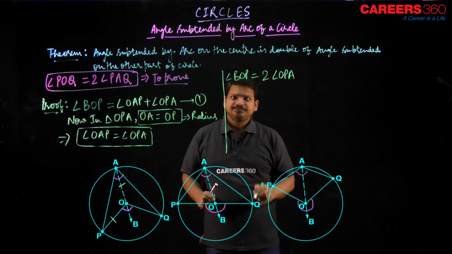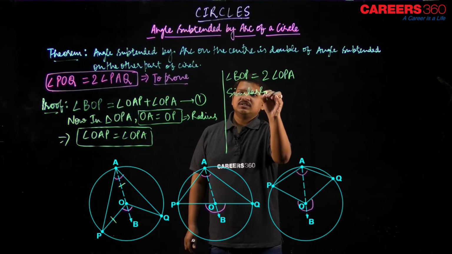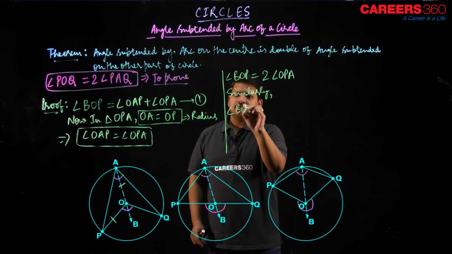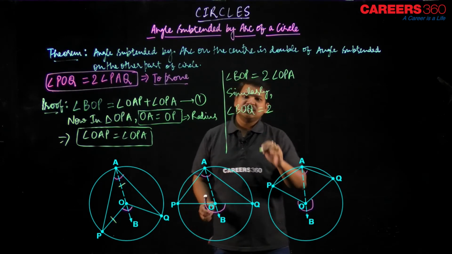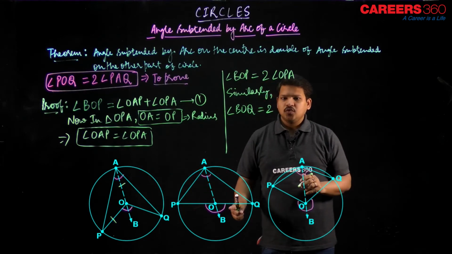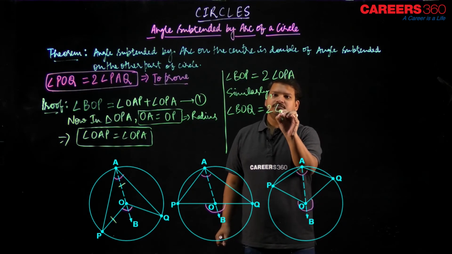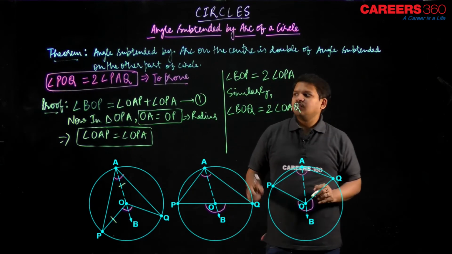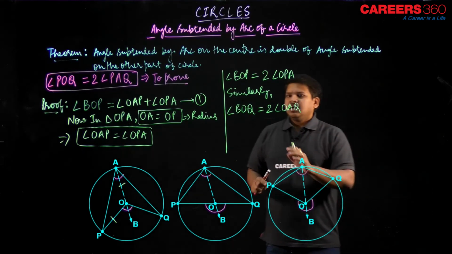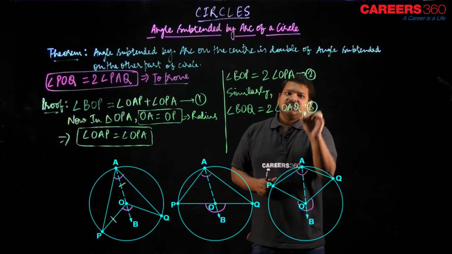And similarly, angle BOQ is twice of angle OAQ. Whatever derivation I am doing is applicable in all three scenarios. Now, this is my second equation and this is my third.